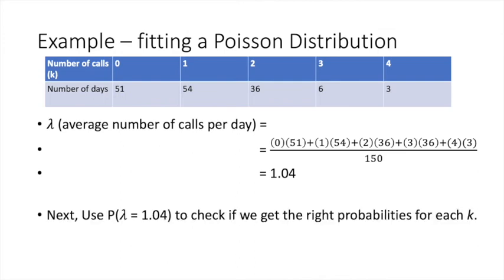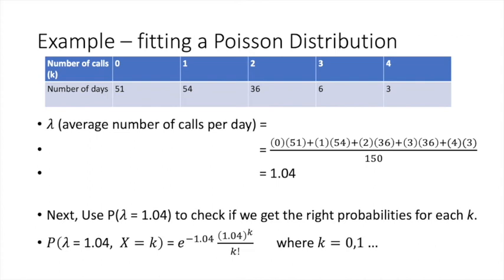Now, if this is a good estimate of lambda, we can compute the probabilities of observing each k using this lambda and match it with the observed data in the table. So essentially, we are going to compute different probabilities using the Poisson distribution with lambda set to 1.04.